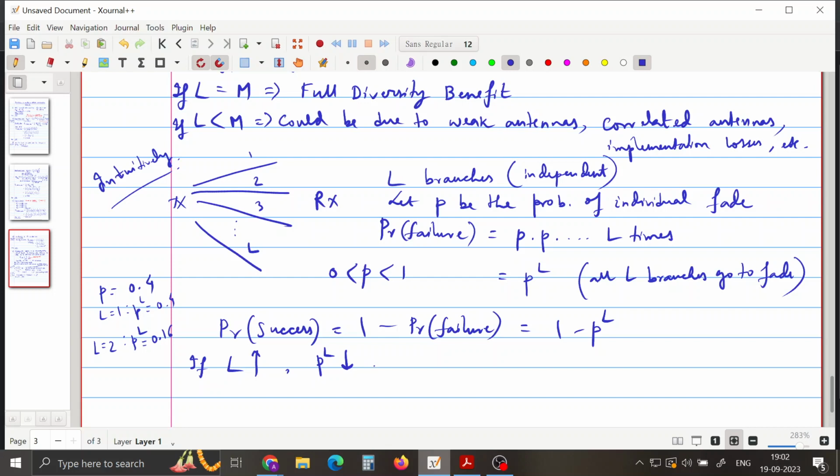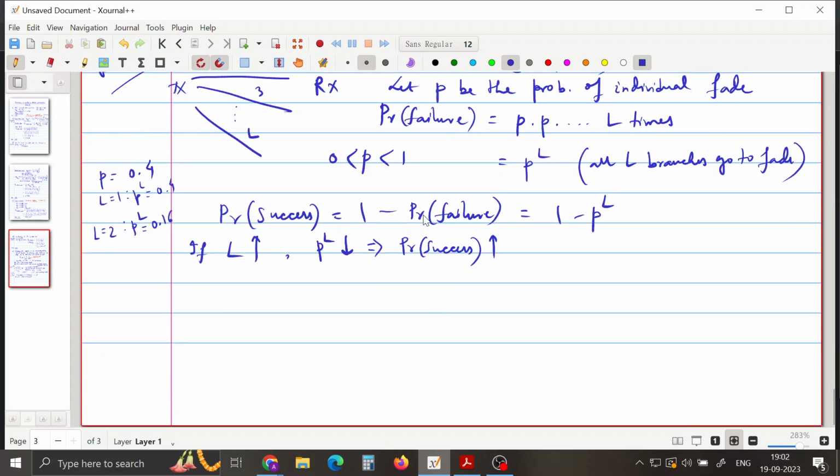So your probability of success increases. That's the benefit that you get with increasing the number of branches. That's another way of looking at diversity intuitively. But anyway, that's the idea.